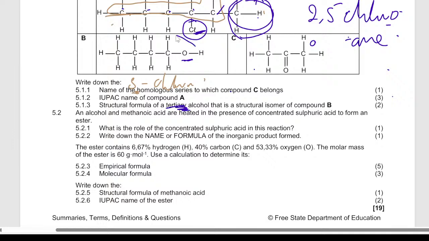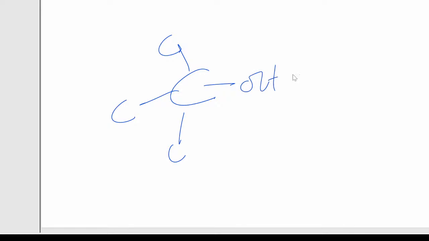Because I want to convert this into a tertiary alcohol, I need to find out how many carbon atoms there are. 1, 2, 3, 4. So I have 4 carbon atoms, and I just have to distribute them so that this carbon atom has no hydrogen. 1 carbon, 1 carbon, 1 carbon, and then OH.